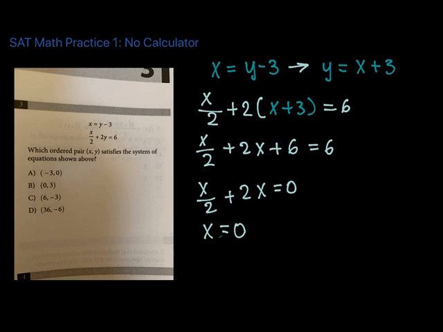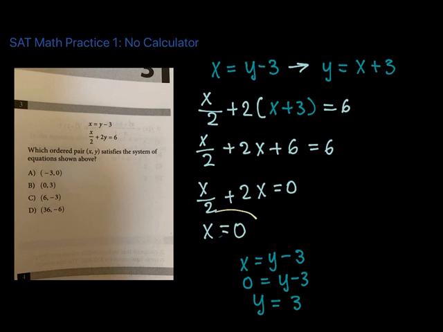Now with our x value, we would plug it back into the first equation. So once again, our first equation was x equals y minus 3. And since we have x equals 0, we could plug that in and write 0 equals y minus 3. Therefore, y would equal positive 3 because we're adding 3 to both sides.